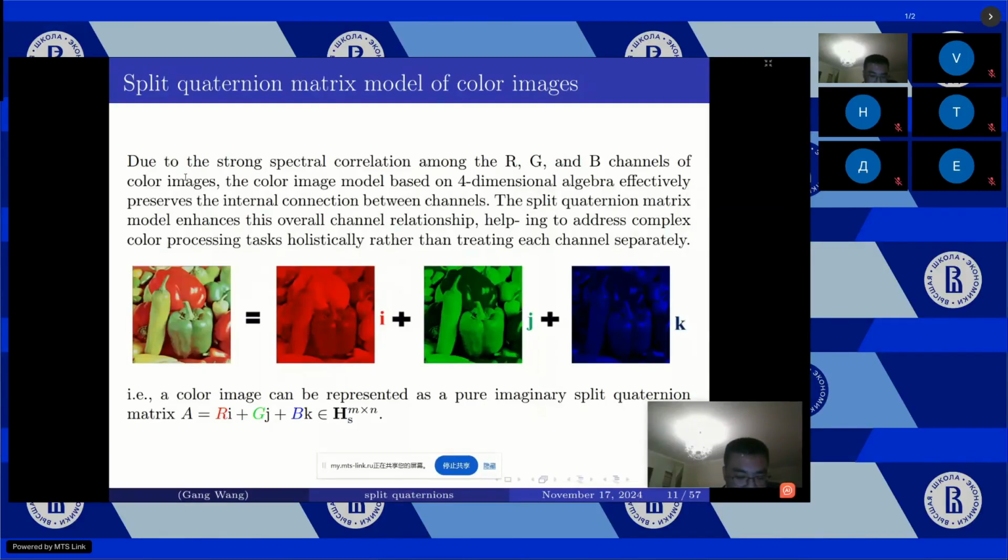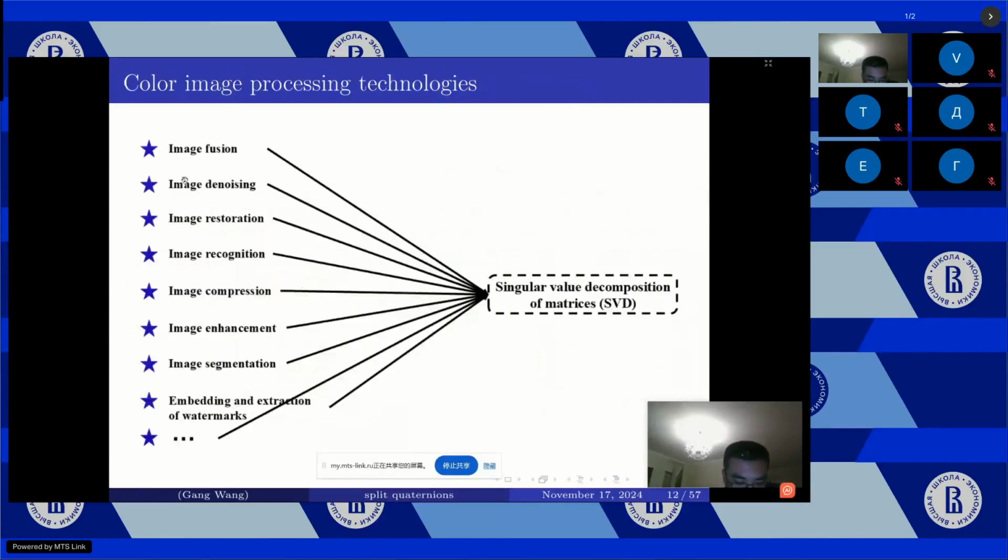The split-quaternion matrix model enhances this overall channel relationship, helping to address complex color processing tasks, rather than treating each channel separately. Based on this, a color image model using split-quaternion matrices has been established following the quaternion matrix approach. After establishing the split-quaternion matrix model for color images, we can further explore the diversity of applications based on SVD in color image processing.